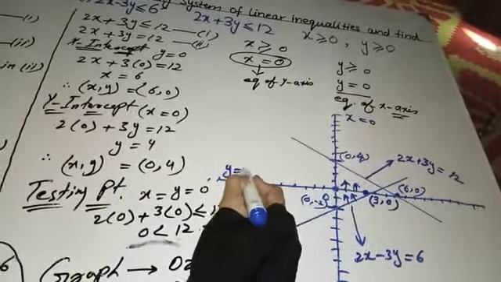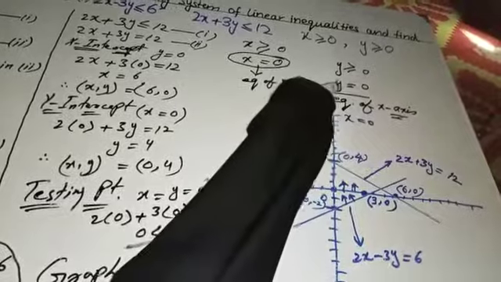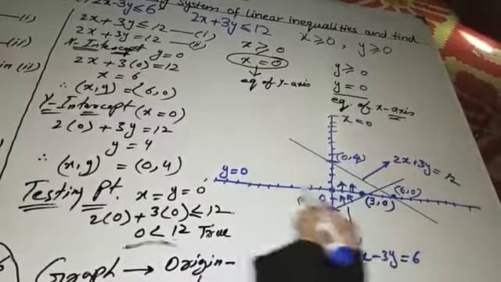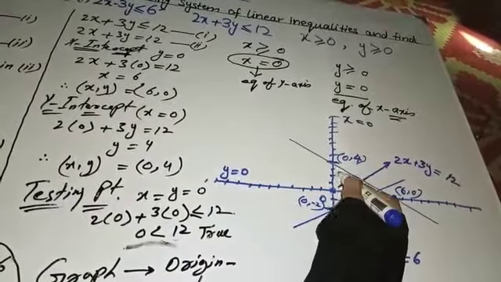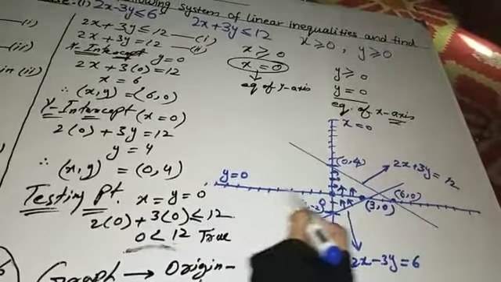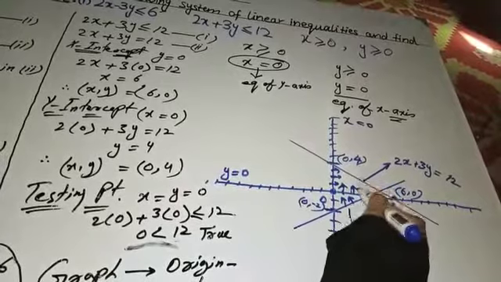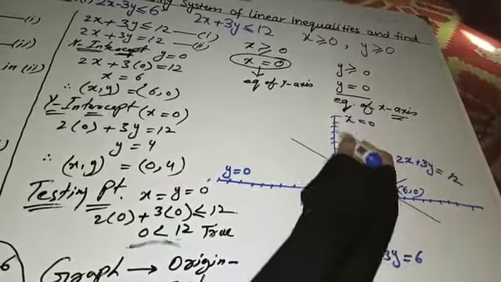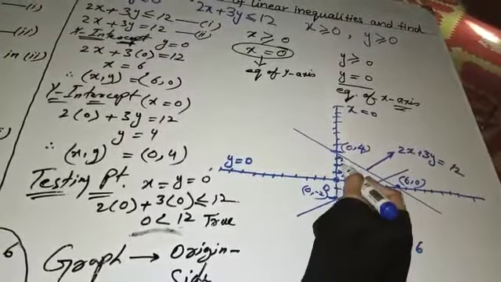Y is greater than or equal to 0. Y lies on this line towards the first region, in the first coordinate. X lies on this y-axis towards the first coordinate.